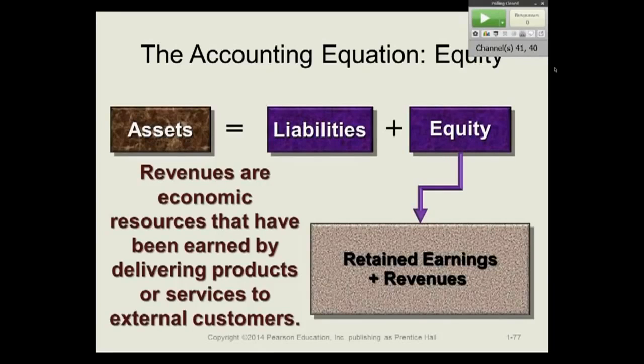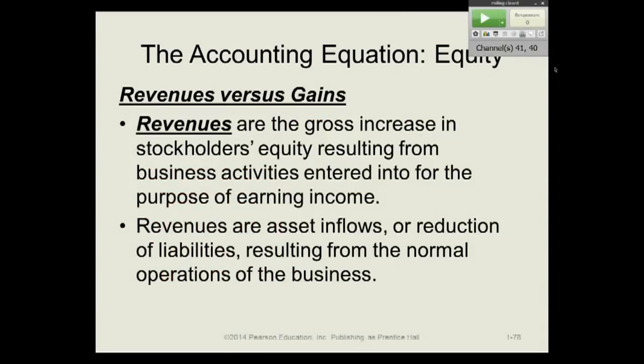You also need to be sure that you differentiate clearly between types of revenues or types of income. Sometimes revenues are derived from normal business activities. Sometimes revenues or income is derived outside of normal business activities. So if we look at the difference in this next slide, your revenues are gross increases of assets or reductions of liabilities that would come from your normal business activity.